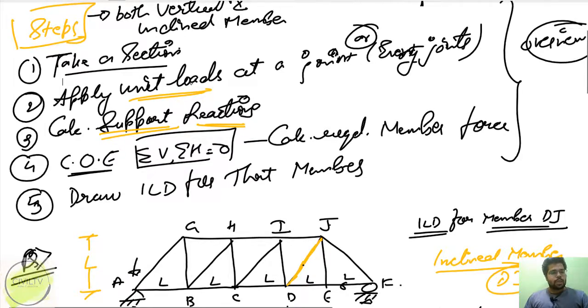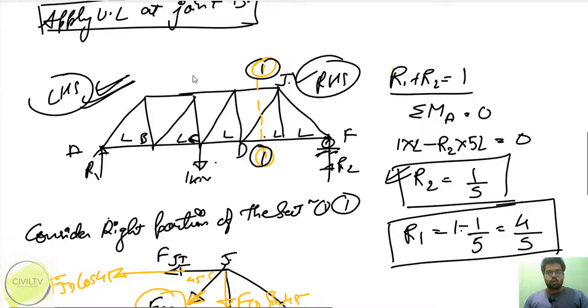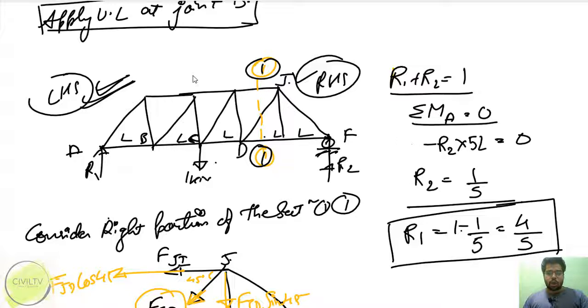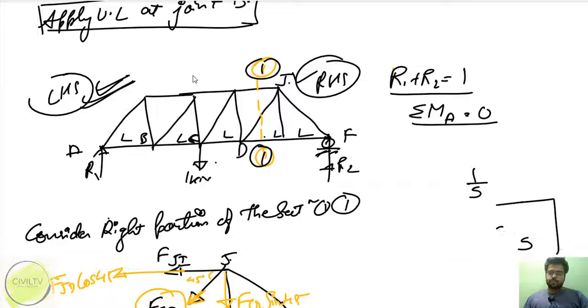Now calculate the support reactions. ऑलराइट, सपोर्ट रिएक्शंस मैं निकाल देता हूँ. R1 and R2 equals to 1 रहेगा, summation MA equals to 0 रहेगा. अब चेंज क्या होगा? R1 and R2. So what will be R1 and R2? Let's see. Summation moment about A equals to 0, so let's calculate.